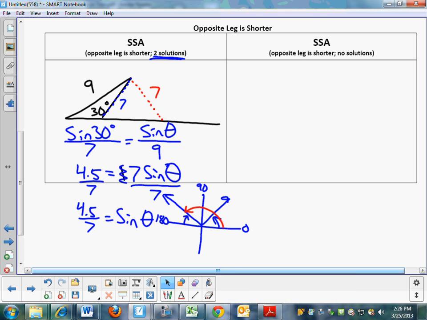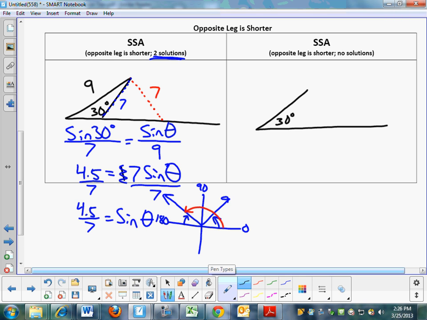Okay, so I'm going to draw another sketch here of a triangle. We'll draw our same one. We've got 30 degrees. We've got 9. But instead of an opposite leg of 7, I'm going to draw an opposite leg of 1. Why couldn't that form a triangle?